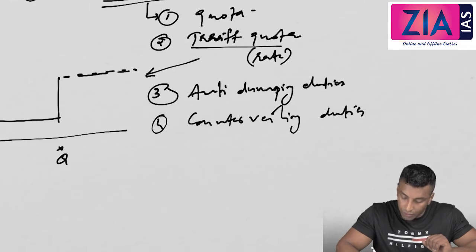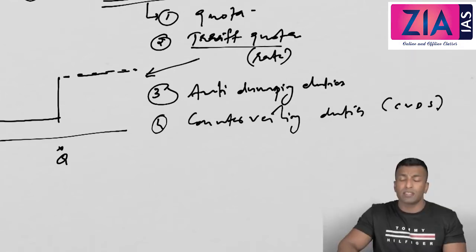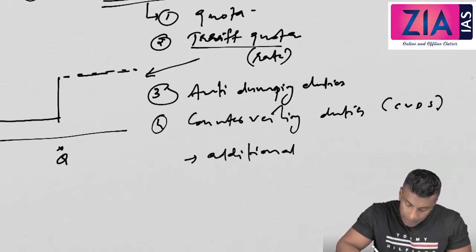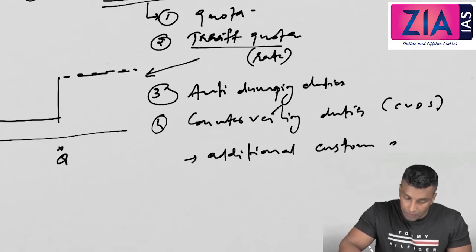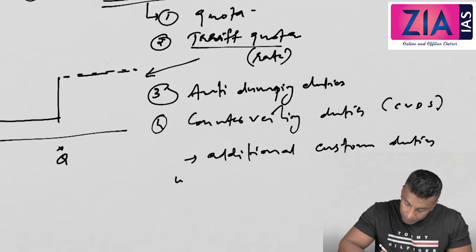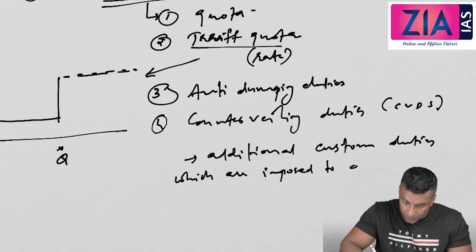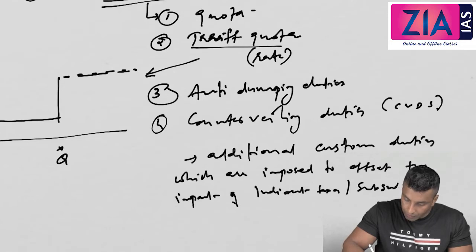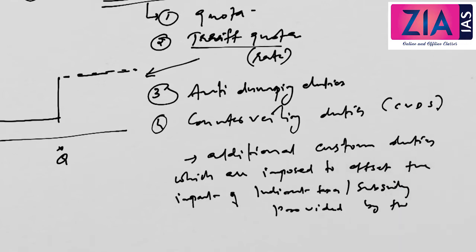Next will be countervailing duties, or CVDs. What are CVDs? These are additional customs duties, as in the case of dumping, which are imposed to offset the impact of indirect taxes or subsidy provided by the exporting country's government.